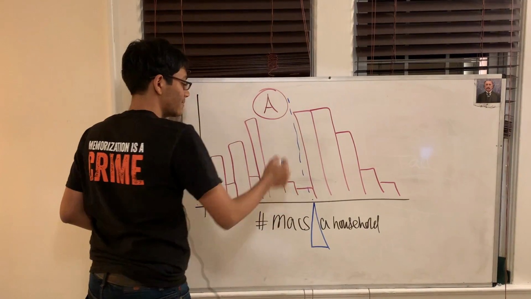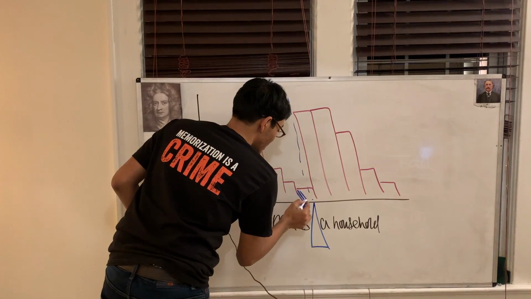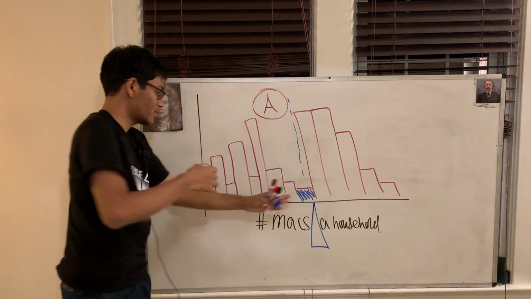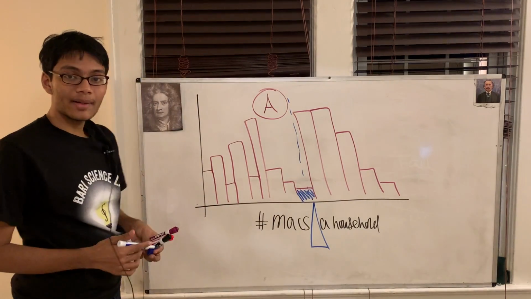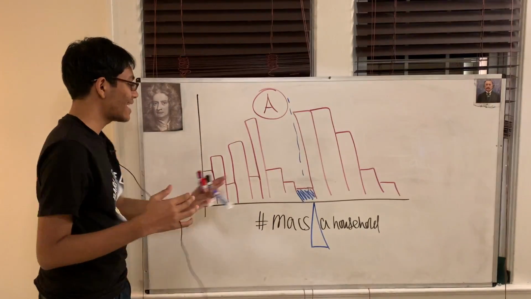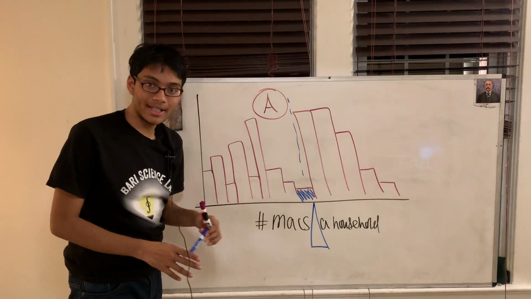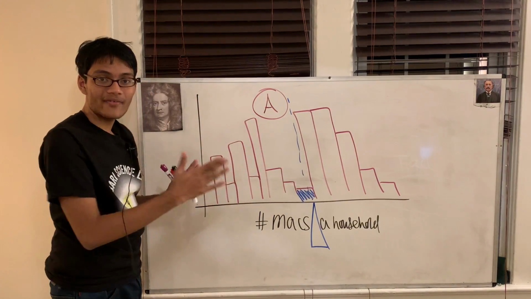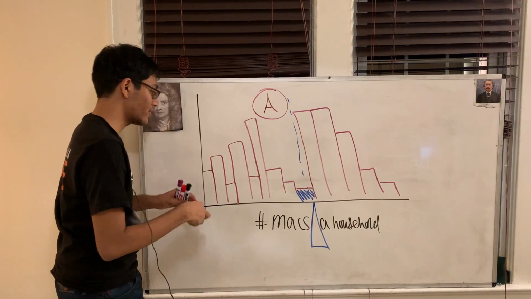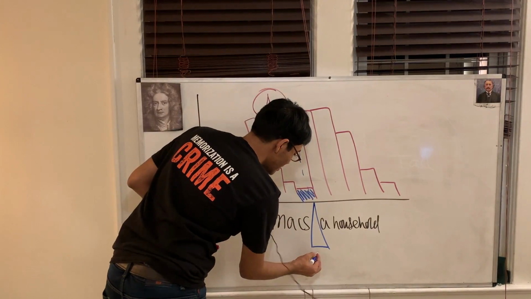And that balancing point, just for the sake of the diagram, could be this point right here. That balancing point is the point that demarcates where exactly half of the population is. So for example, let's say this over here is 3.